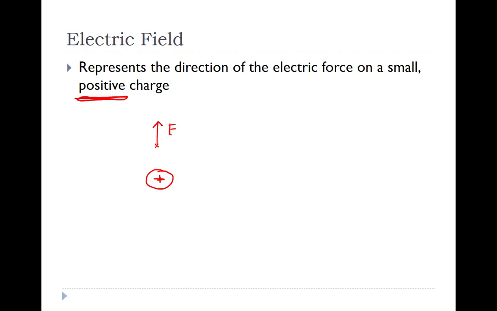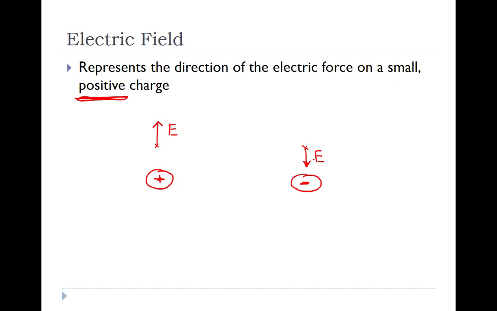So the electric field out of this positive source charge would point out at every point. On the other hand, if I had a negative charge and brought a small positive charge in there, it will be attracted. So the electric field due to a negative charge will point the opposite direction.